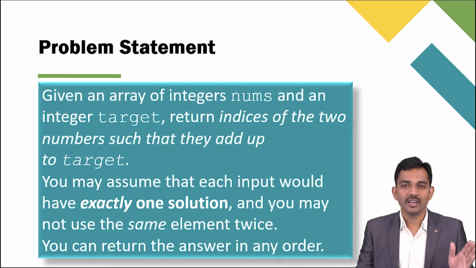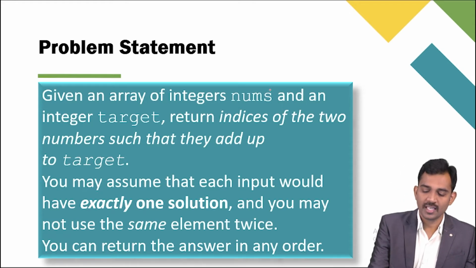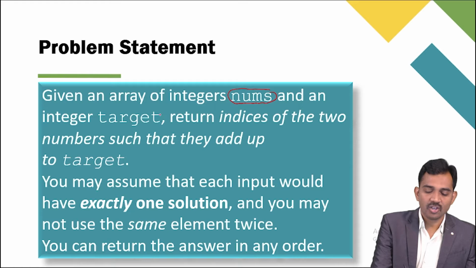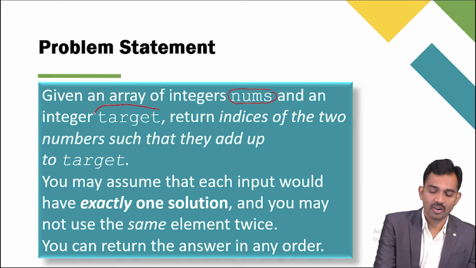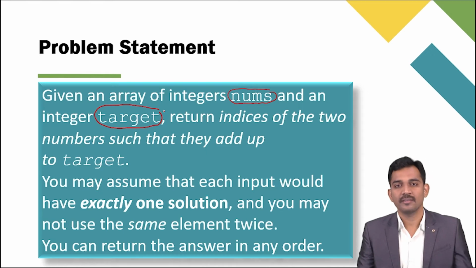Here the description is: given an array. So they'll give an array of elements, and the name of the array is nums, and an integer target. So they'll give one target as well as an array of elements.